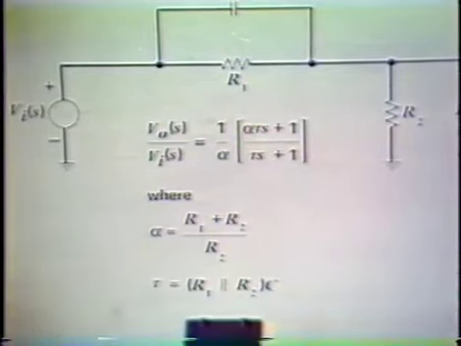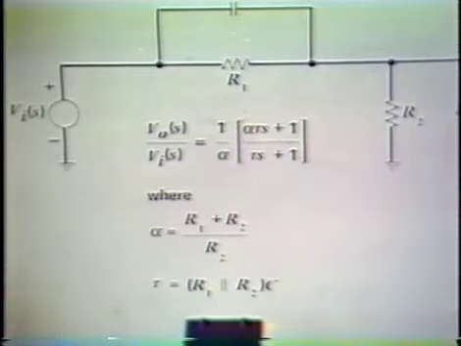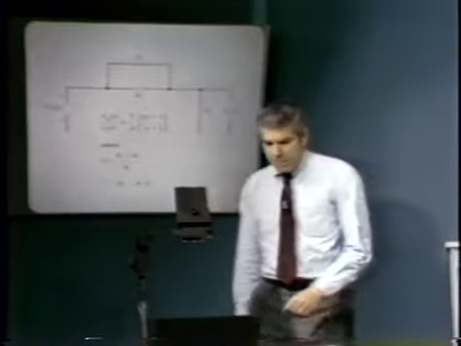So here's a simple electrical network that provides an output over input transfer function which has lead type characteristics. We can look at both the magnitude and the angle associated with that sort of lead transfer function.